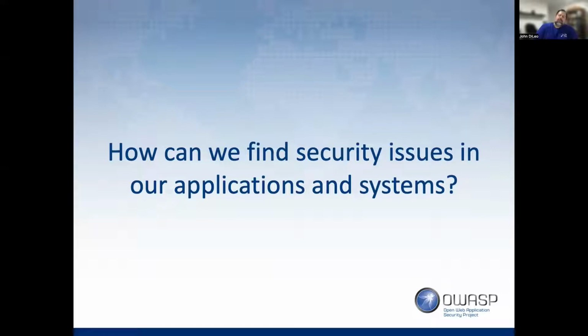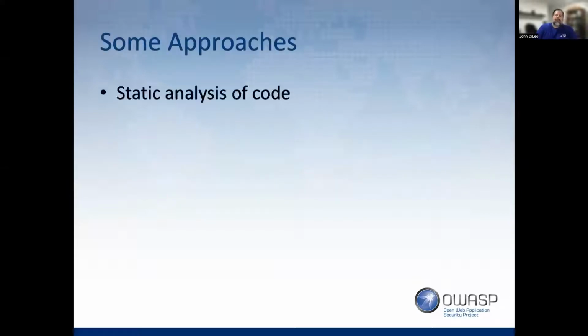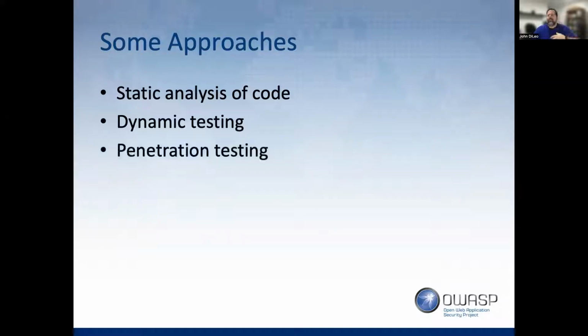So there are some ways we could do it. We can do static analysis and go, oh yeah, that looks like some pinky code, we should fix that. We can use dynamic testing like ZAP to try and identify issues. We can bring in third-party penetration testers and have them tell us all the horrible things about our applications that we kind of knew, but we were hoping nobody would notice.